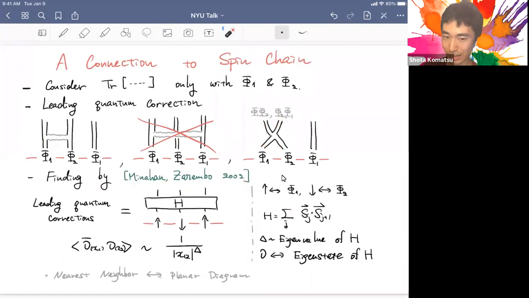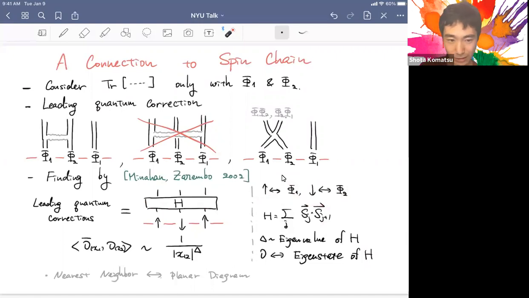the action of some kind of spin chain Hamiltonian, once you map phi1 to up spin and phi2 to down spin. And furthermore, this Hamiltonian turned out to take this form, which is the simplest possible spin chain Hamiltonian, often called the Heisenberg spin chain.